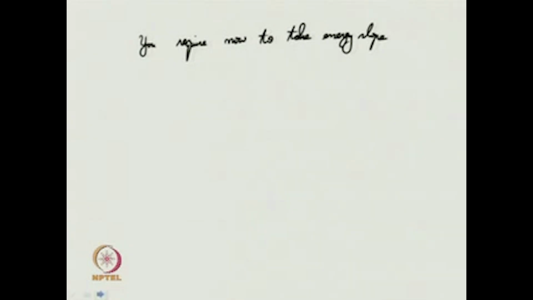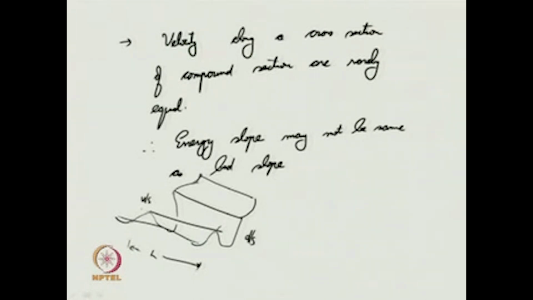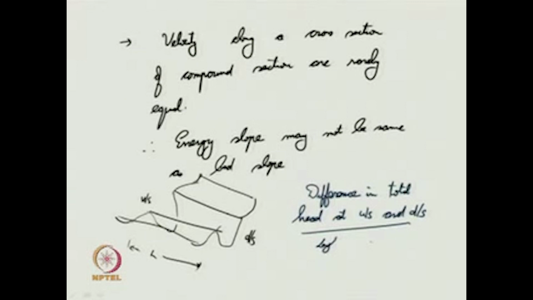So, the difference between the total heads: you may calculate the total head at the upstream, you may calculate the total head at the downstream. Subsequently, the difference in total head at upstream and downstream divided by length of reach will give you the energy slope.